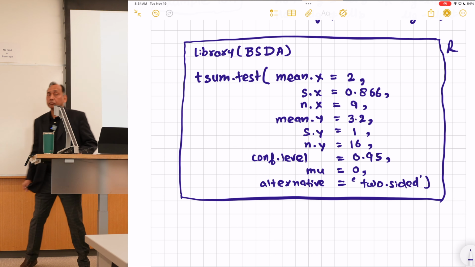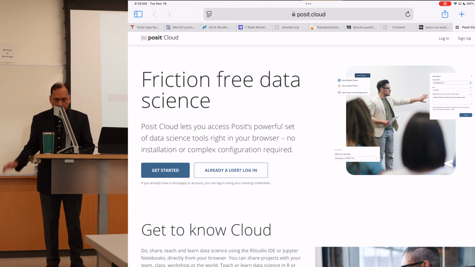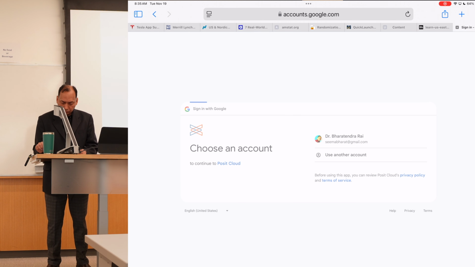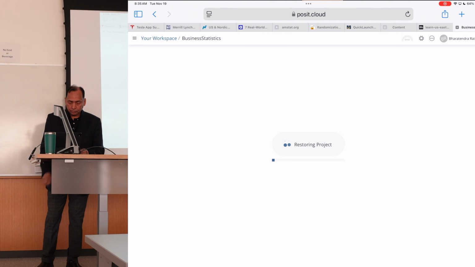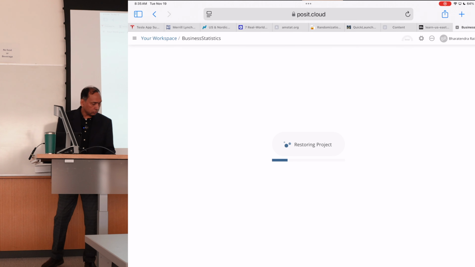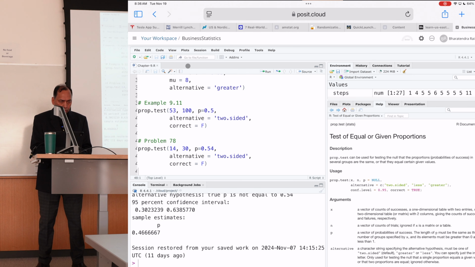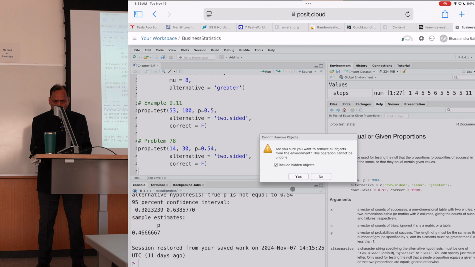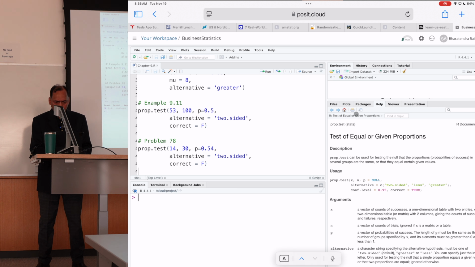So this is what we'll use to save time. So we go to Posit Cloud and log in. So I'm using business statistics folder. So I'm going to close down everything else. Clean this up, third window. Remove this.